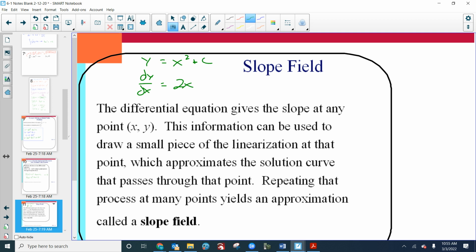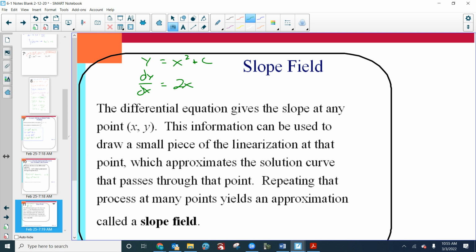What's x squared plus 2's slope at 2? 4. You with me? So a slope field is going to graph enough little tangent slopes that we get to picture what the original function would look like with the plus c's in it.